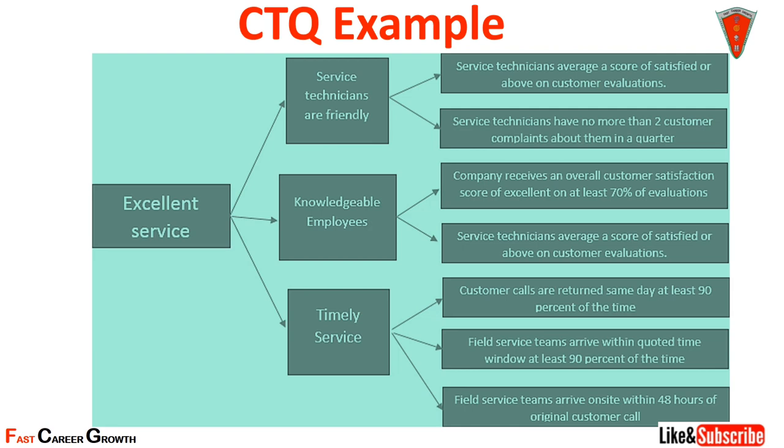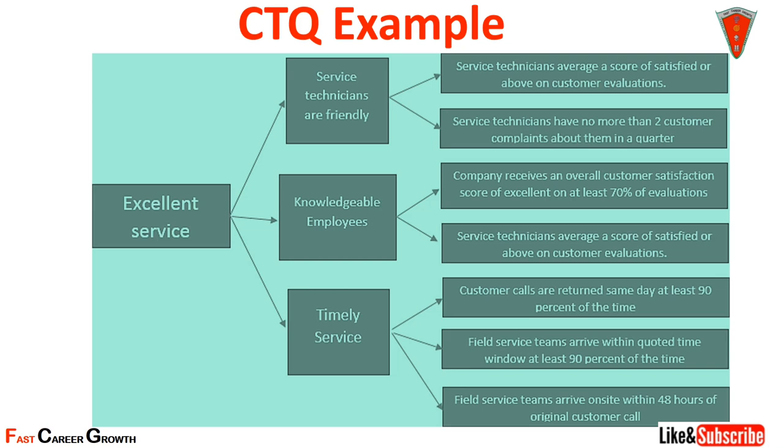Then the next point is service technicians have no more than 2 customer complaints about them in a quarter. Then for knowledgeable employees, it may be the company receives an overall customer satisfaction score of excellent on at least 70% of the evaluations. Then how is timely service converted into critical to quality?